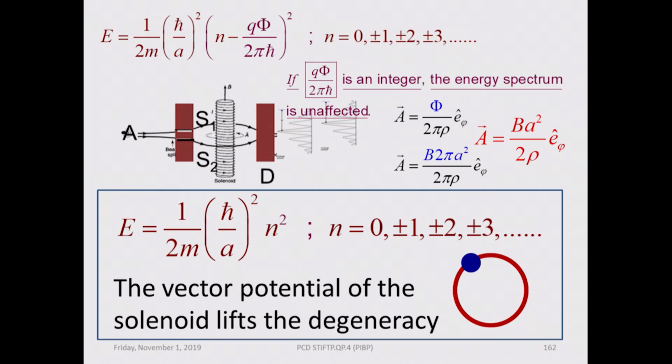But what also happens when you switch on the current in the solenoid is that there is a flux inside the solenoid. As a result of this, the eigenvalues are now not degenerate. So, whatever degeneracy was there in this charged particle on a ring problem is lifted by the vector potential. Okay?